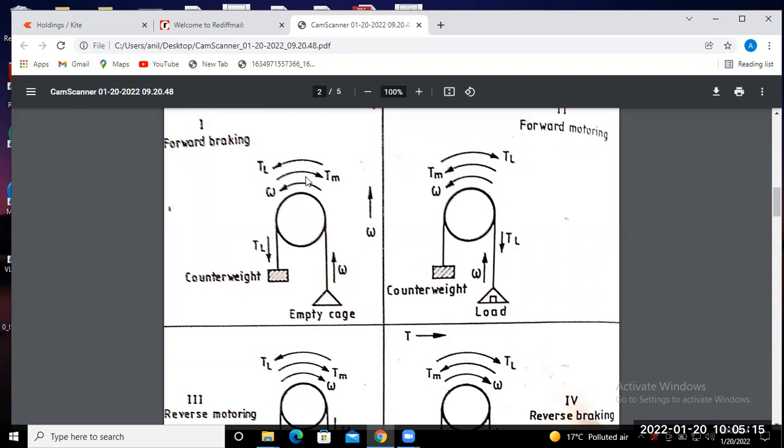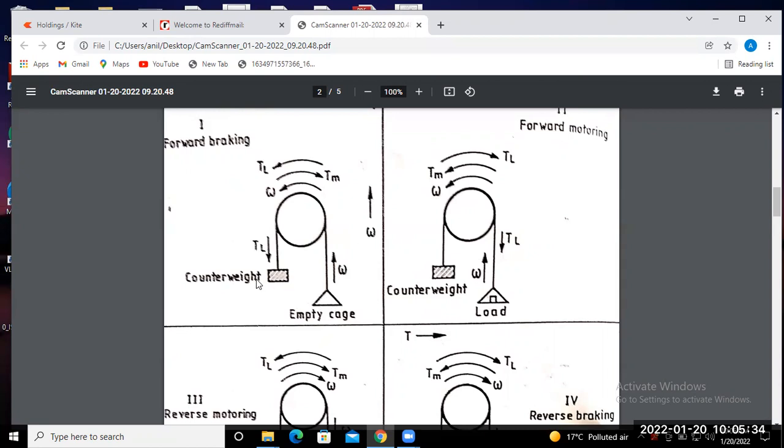The load torque acts opposite to the electromagnetic torque, so the load torque shown here is opposite, that means in the clockwise direction. So the motion of this bucket is in the upward direction.